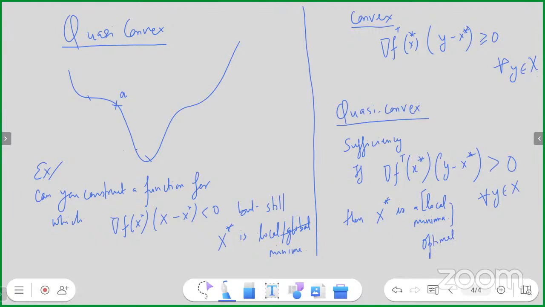This directly follows from, I don't remember if I gave it as homework or not. There was an if and only if condition for quasi-convex functions. It follows from here. F is quasi-convex if and only if f of y less than or equal to f of x implies del f of x transpose times (y minus x) is less than or equal to 0.